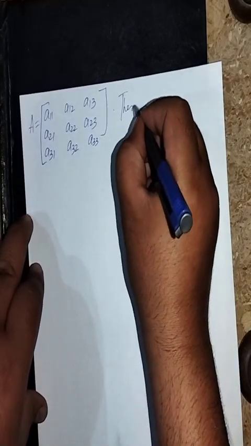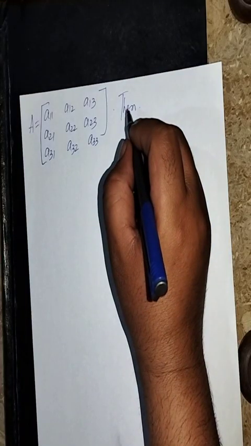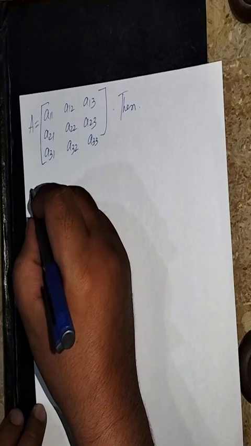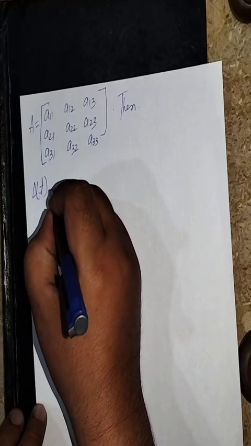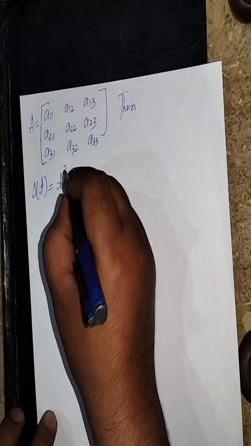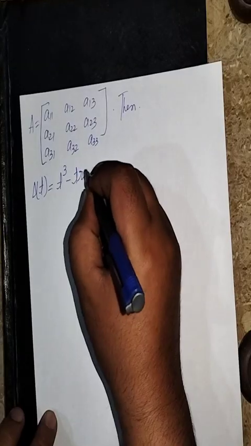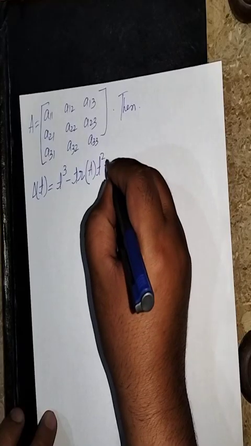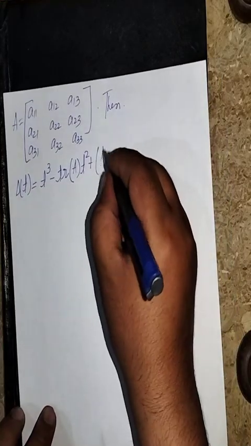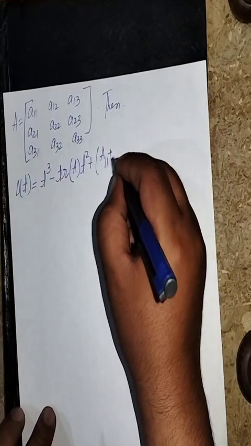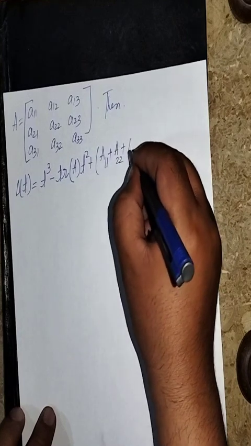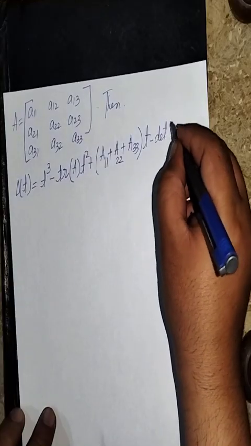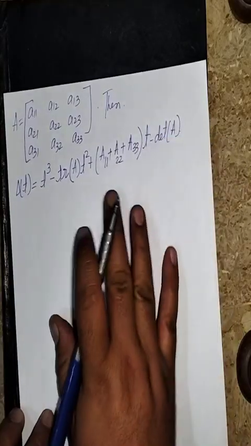Then the formula to find the characteristic polynomial of 3x3 matrix will be del t equals t cube minus trace of A t square plus (capital A11 plus capital A22 plus capital A33) into t minus determinant of A.